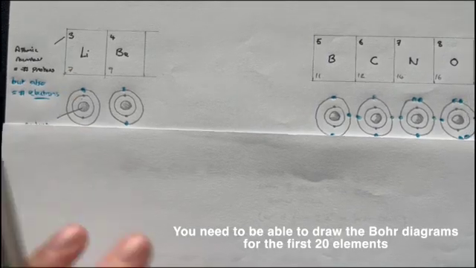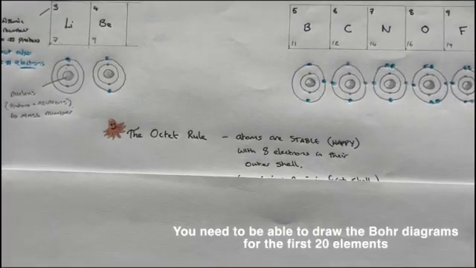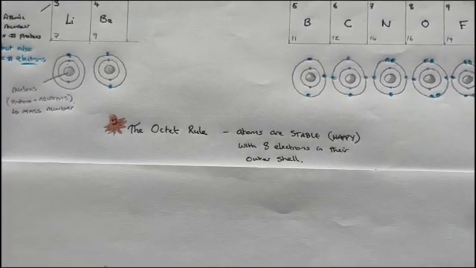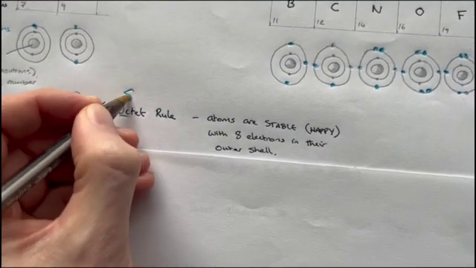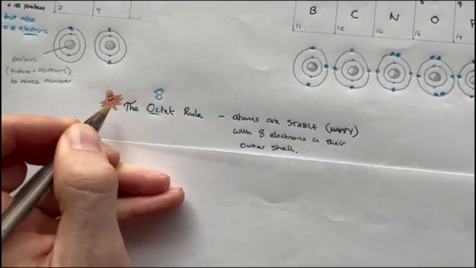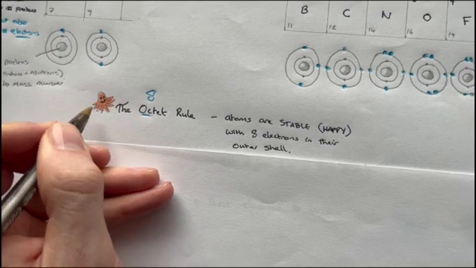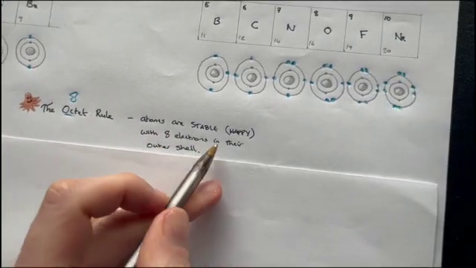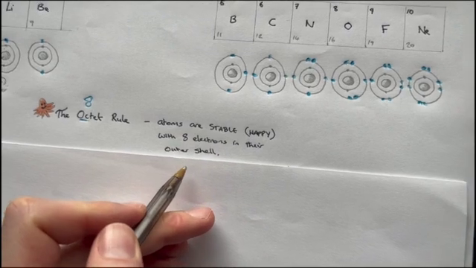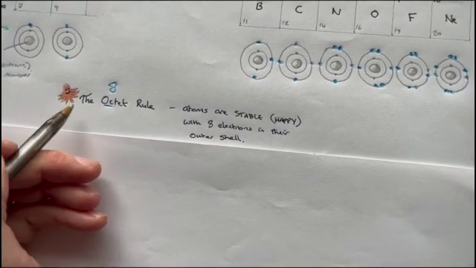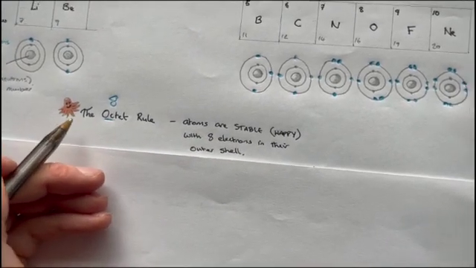Now, the key thing here is the octet rule. So oct, meaning 8. You can think of it as an octopus. So that's why an octopus has 8 arms. And so atoms are stable, or they're happy, when they have 8 electrons in their outer shell. So think about it, an octopus is happy when it has 8 arms.